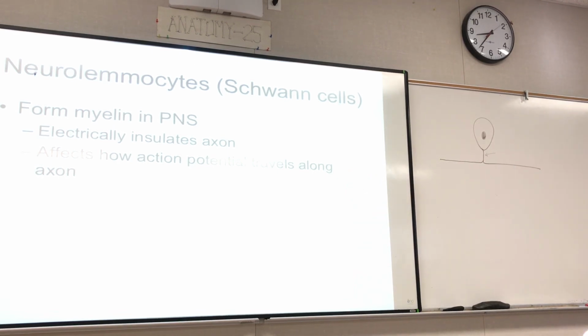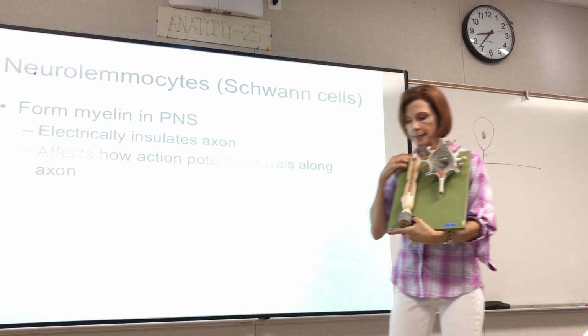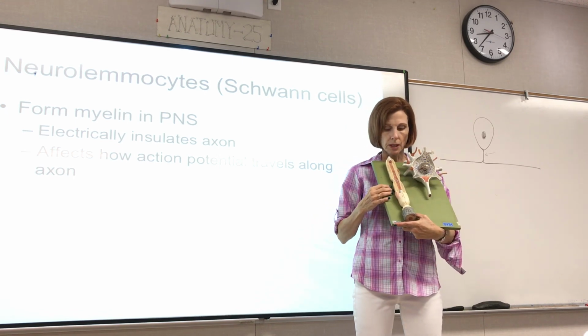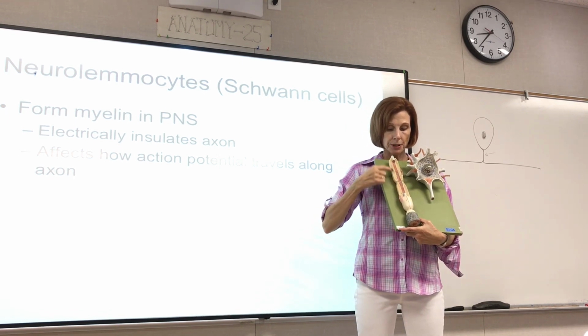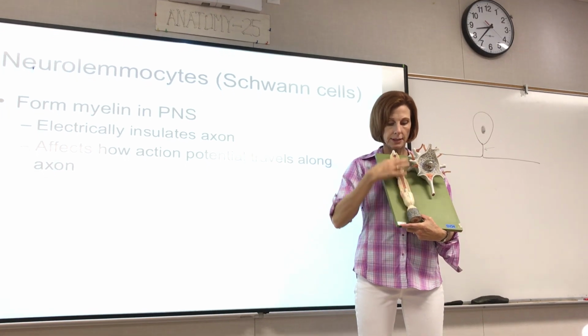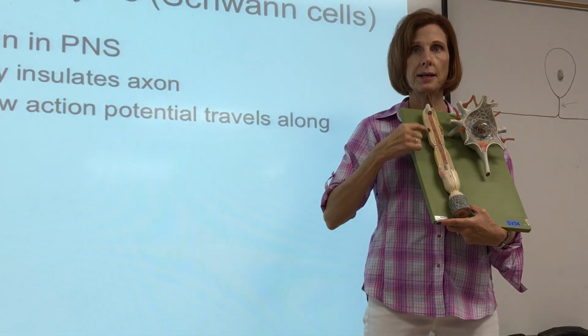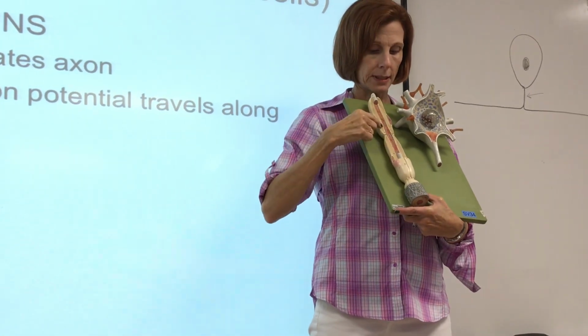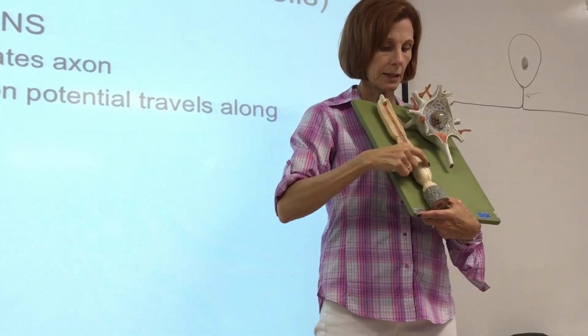And that is actually what you see here. So this is a myelinated axon. And each of these is a neurolemmocyte or a Schwann cell wrapped around the axon. So this is a separate Schwann cell here. Here's another one.